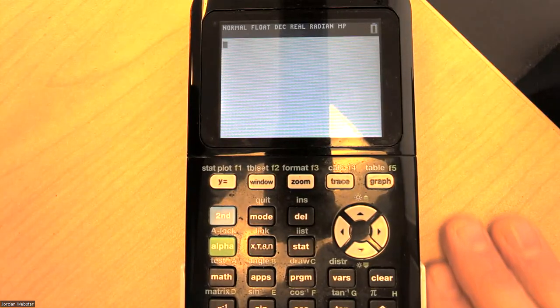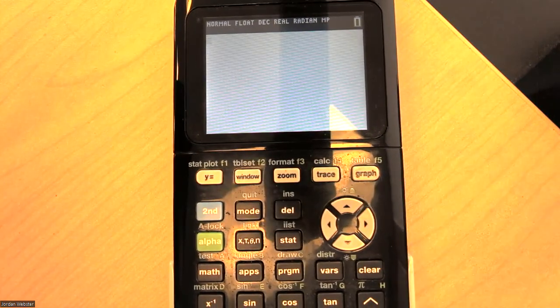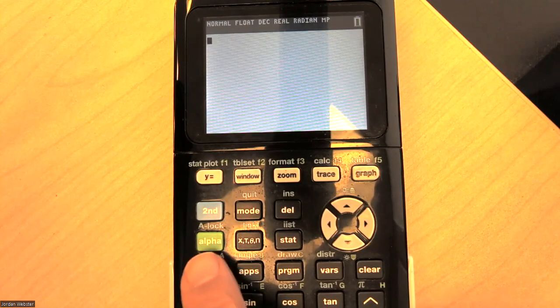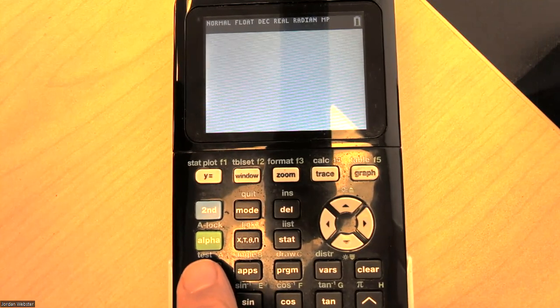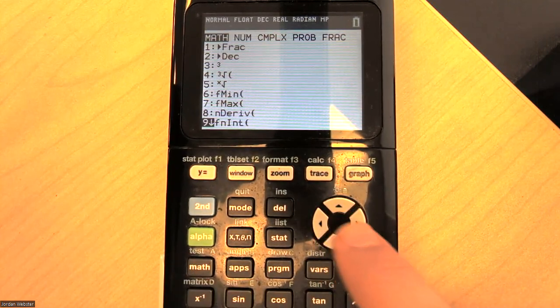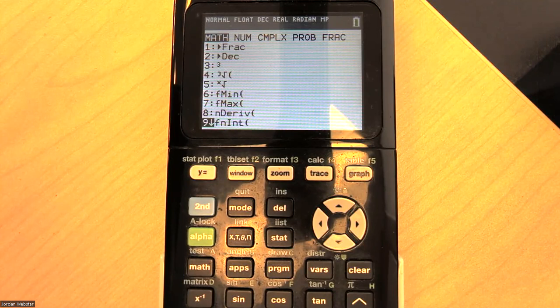Clear this out. So if I want to do this integration here from 1 to 5, integrating function x squared plus 2, I go into the math menu that's over here on the left-hand side, and I go down to number 9. Now there's different operating systems your calculator can be employing.